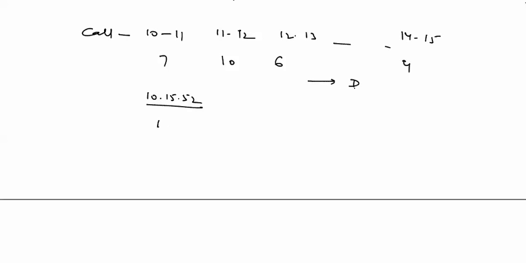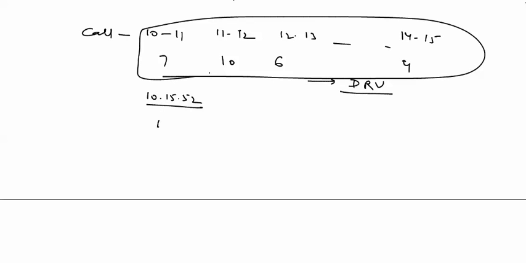This collection pattern is known as DRV, discrete random variable. In each time slot, the data is random in nature, so it is a discrete random variable. In the second pattern, in the time slot of 10 to 5, all the data is unique.